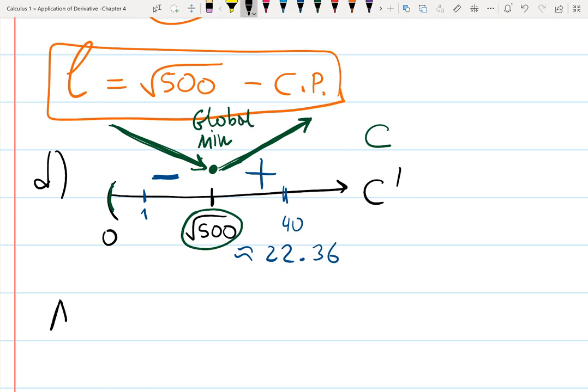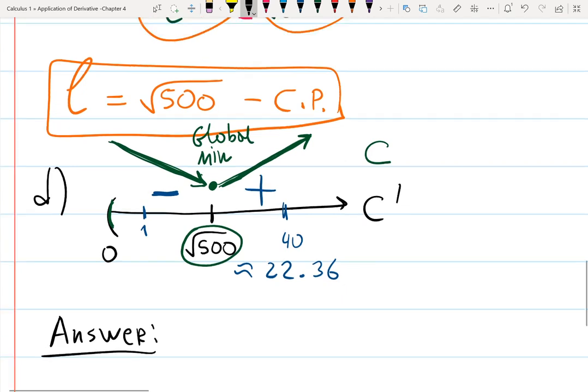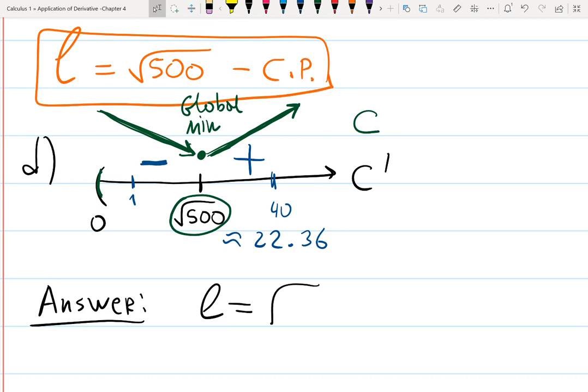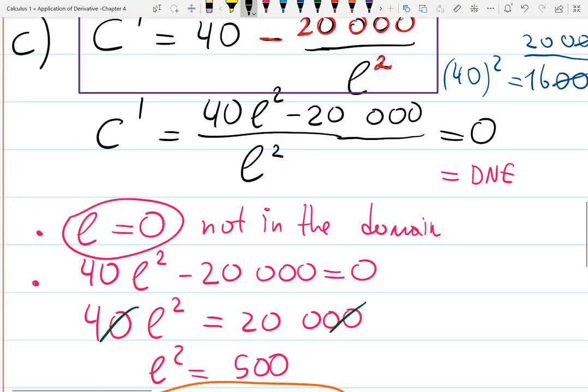Then we can answer. What did we find? Did you remember it was lengths or widths? Length is square root of 500, which is approximately 22.36 feet. Width, remember I told you to put it in the box, we need it right now.